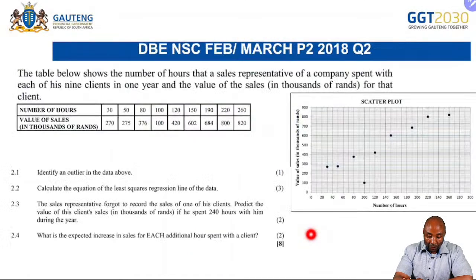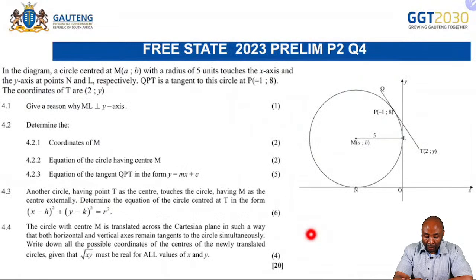I have put these questions for you to practice. We have question 2 from February-March 2018, similar to the one that we answered. And then we have a Free State question 4, similar also to the one that we answered.